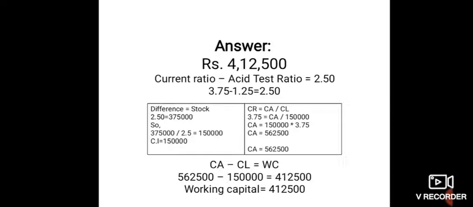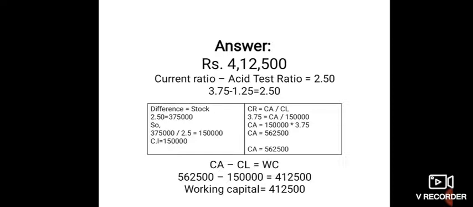Next we need to find the current assets. Current ratio is equal to current assets divided by current liabilities. Current ratio given in the problem is 3.75, equal to current assets, which we don't know, divided by 1,50,000 current liabilities.